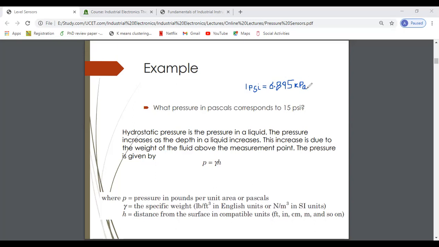And by using this, we have to multiply the value of 15 psi with 6.895, and it will give us the value of the pressure in kilopascals, which will be equal to 102.9 kilopascals when we multiply this quantity with 15.